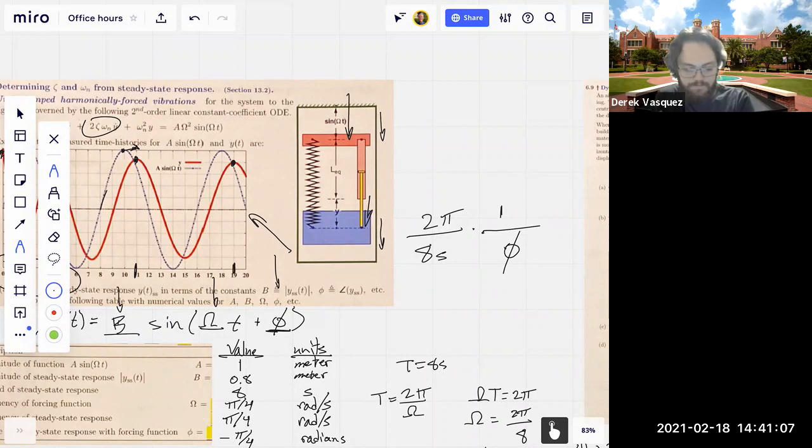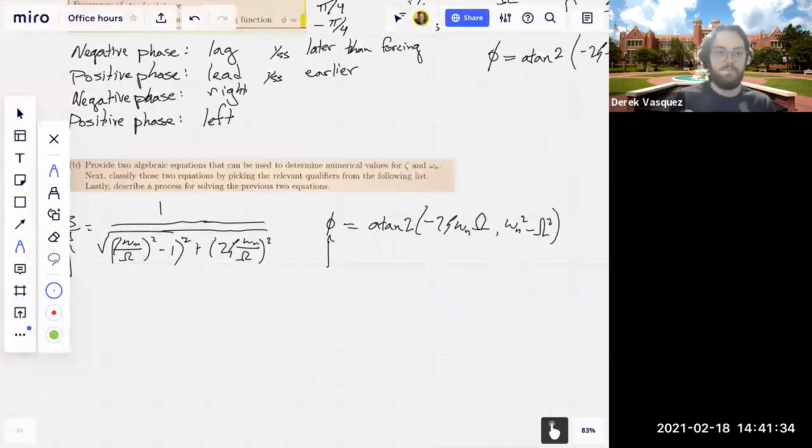Is that right? Did I do that math right? The equation is going to be 2 pi over T is equal to your phase. So that's where we get negative pi over 4. Apologize for that. Sorry. Questions? Points of clarification. Is that clear? Yes.